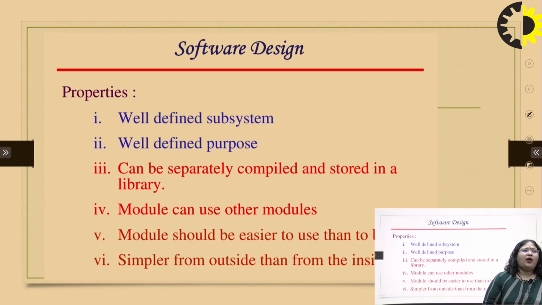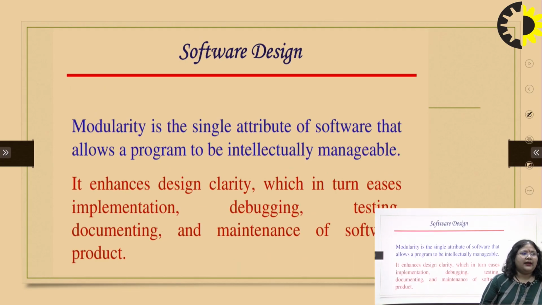Now the basic properties of design are: it is a well-defined subsystem, it is used for a defined purpose, each and every module is separately compiled, and each and every module is dependent on the other modules. A module should be easier to use, and each one defines a simpler concept that we have to define with another refinement of the design.